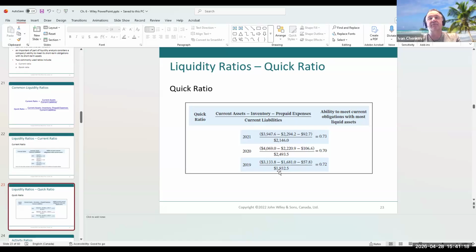Is that a problem for the company? Not necessarily, because in the current liability, you don't always have something that you have to pay right away. So for that reason, this company might have time to convert the inventory into cash in order to meet the current liability needs.